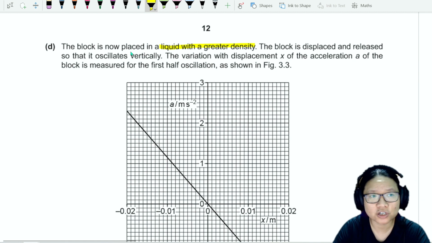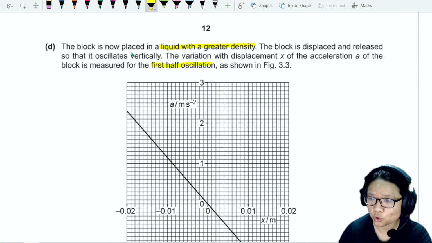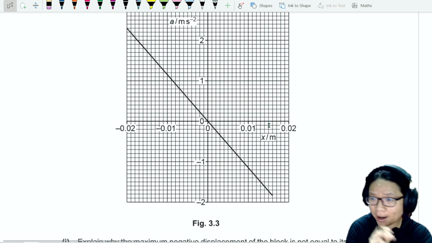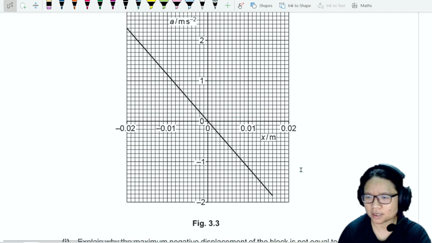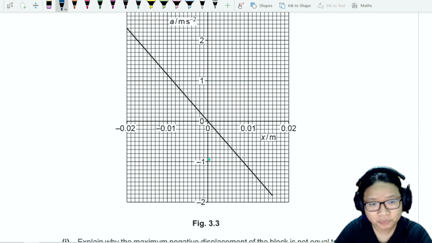The block is displaced and released so that it oscillates vertically. The variation with displacement x of the acceleration for the first half oscillation is shown. So when you look at this graph, it is a graph of acceleration against displacement. It is familiar, but a bit different. Where is it a bit different? Well, you look here.